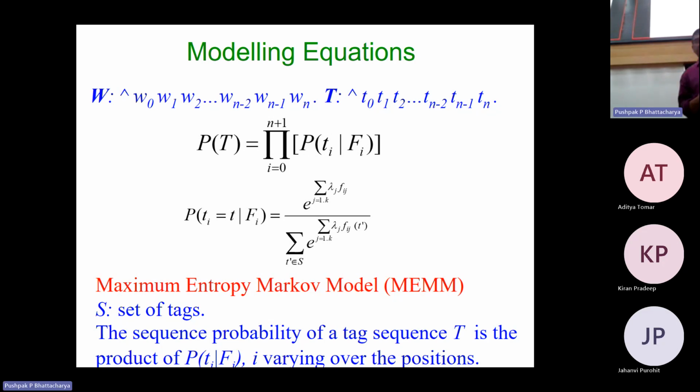So this is the modeling equation, and without going into a lot of details at this point, there is an exponential distribution which is proposed to model the situation. Then we apply the beam search algorithm.